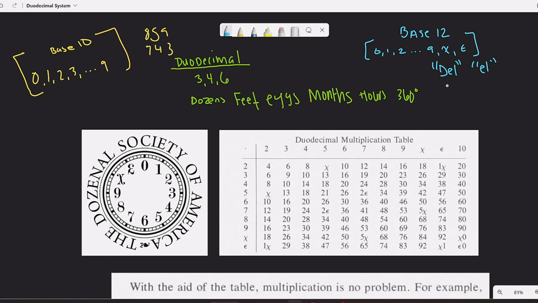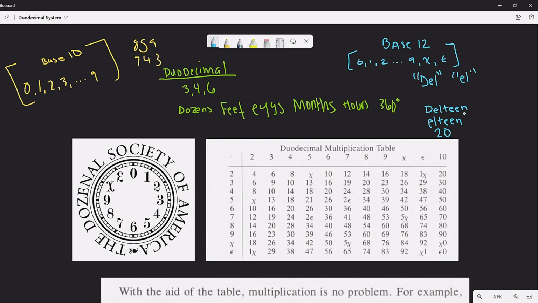If we are forming a number using these additional digits, for example, we would have deltine and eltine, and then 20. And so you have deltine, you have eltine, you have 20.